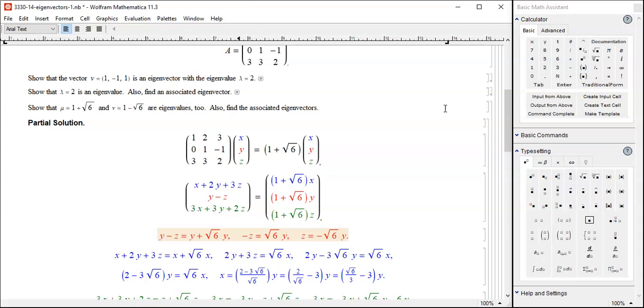And then I'm going to plug in y equals some simple number, preferably 1.